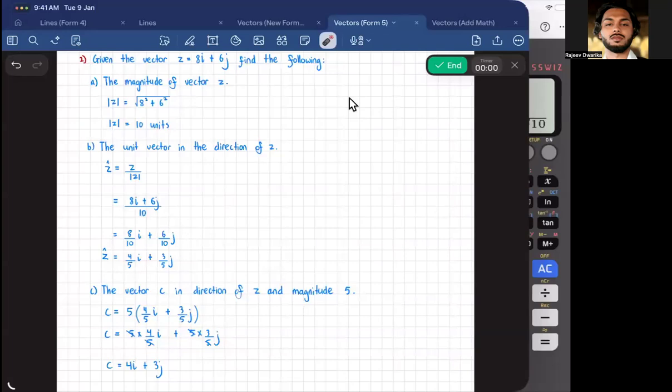So Simran, part C. The unit vector, what's the length of the unit vector? The length of all unit vectors is 1.